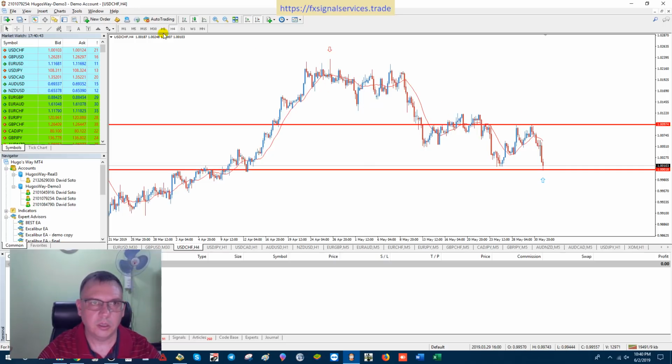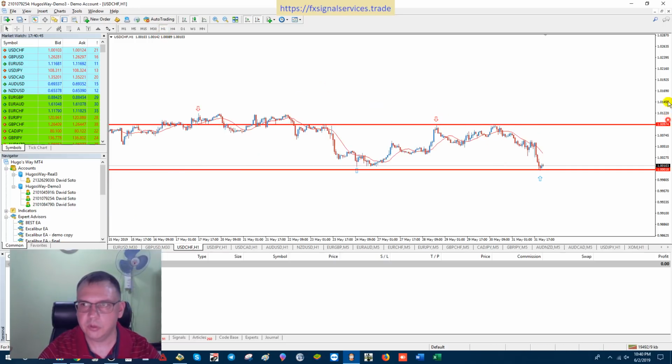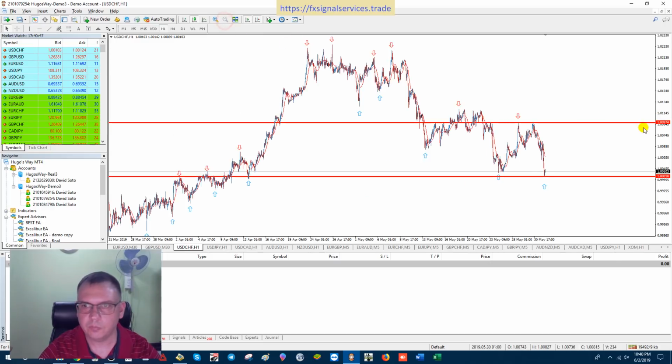If we look here, even on the 1 hour chart, if I zoom out, we can draw a downtrend right here. Let me draw my trend line. This is not perfect, but what I'm looking for is for this to either touch this trend line or touch this horizontal line.